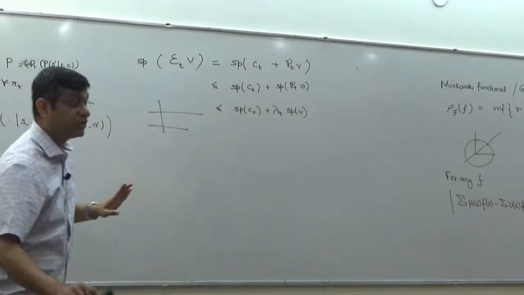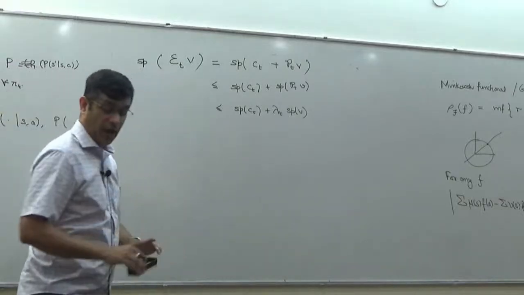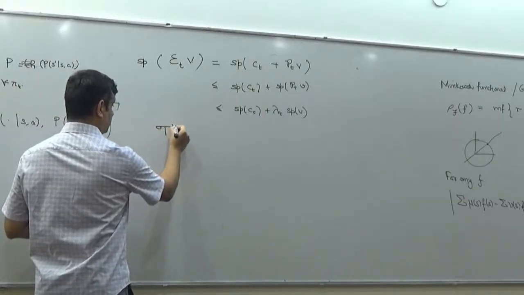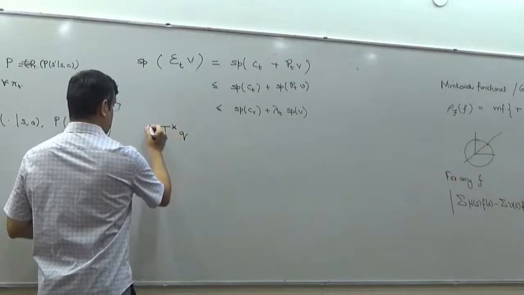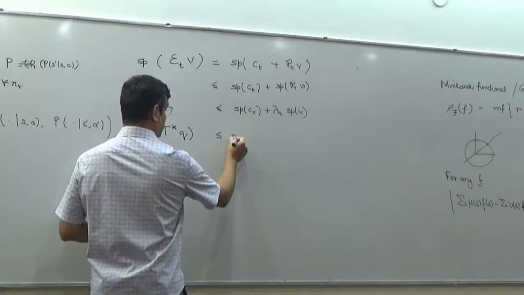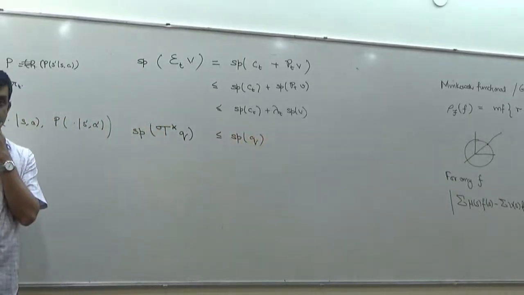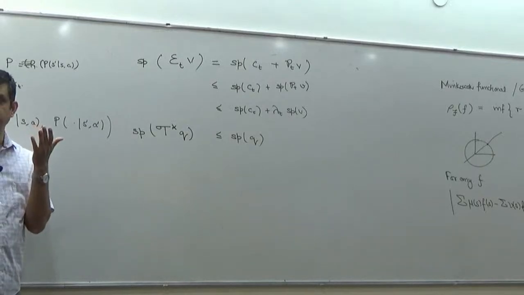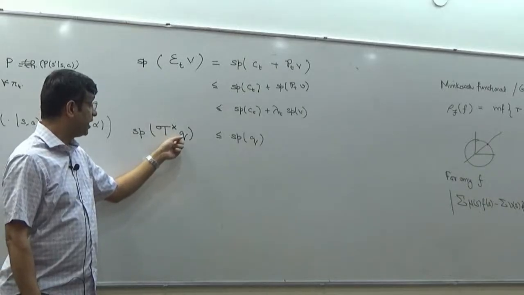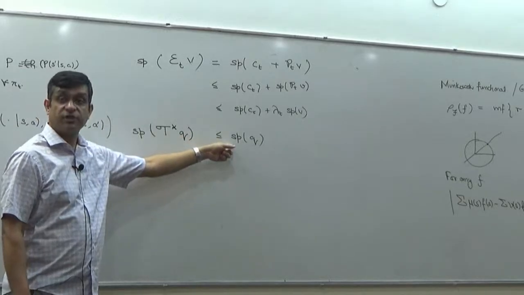Okay. Once I have this, typically what will happen is that for these action evaluation operators, I'll state without proof right now, that the span of this thing should be less than or equal to span of Q. This kind of makes sense, because this is almost from the definition of span.